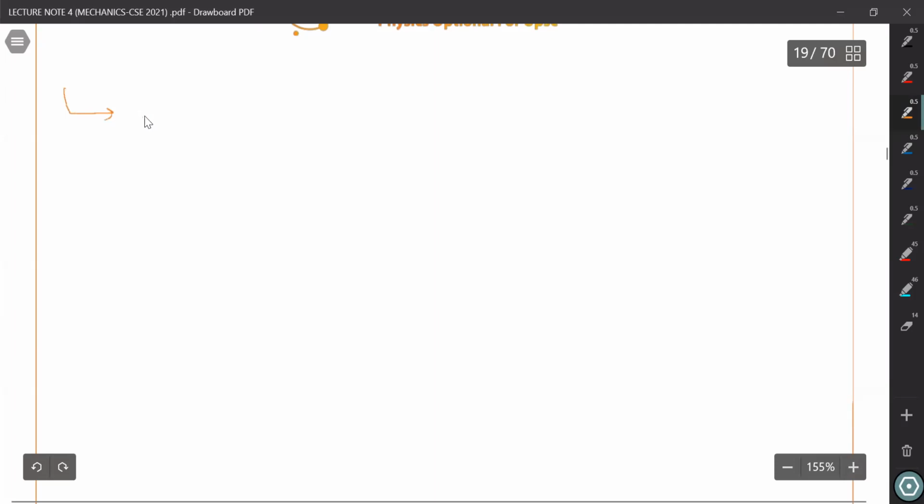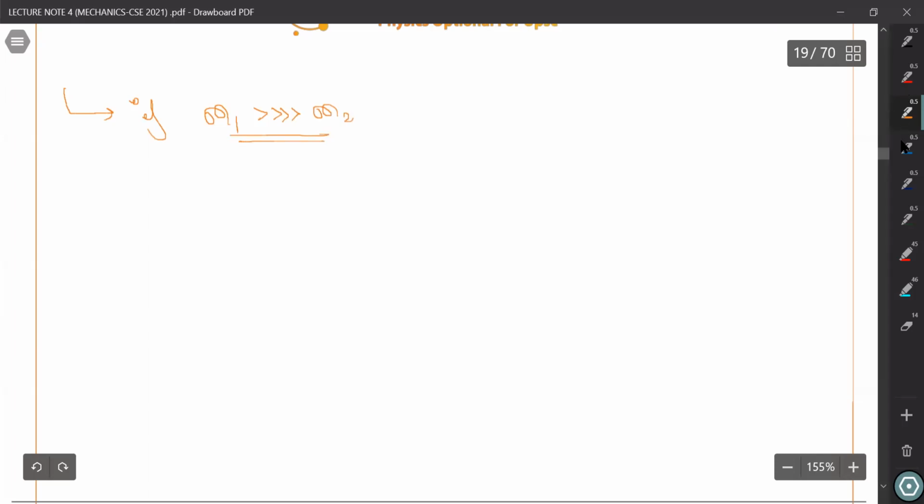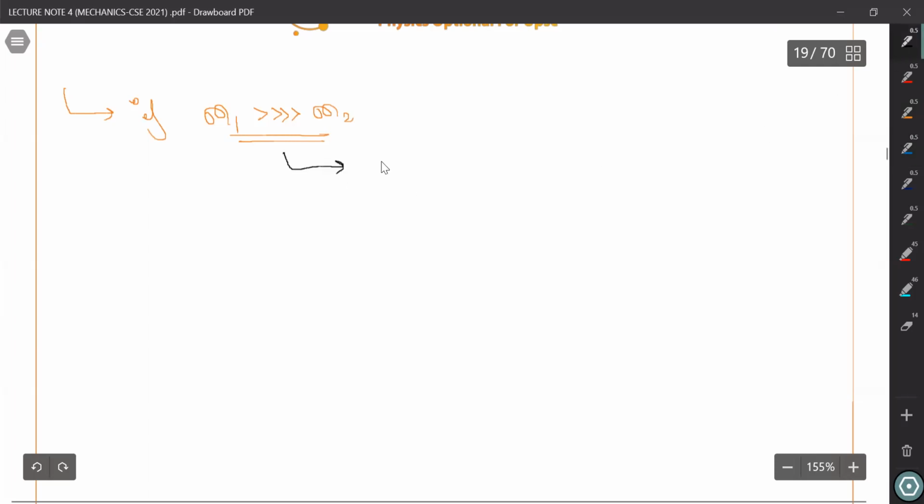Also, if m1 is much greater than m2, I'm leaving it to you to show this mathematically. But what I'm going to say is, if m1 is much bigger than m2, then the velocity of m1 will not change.